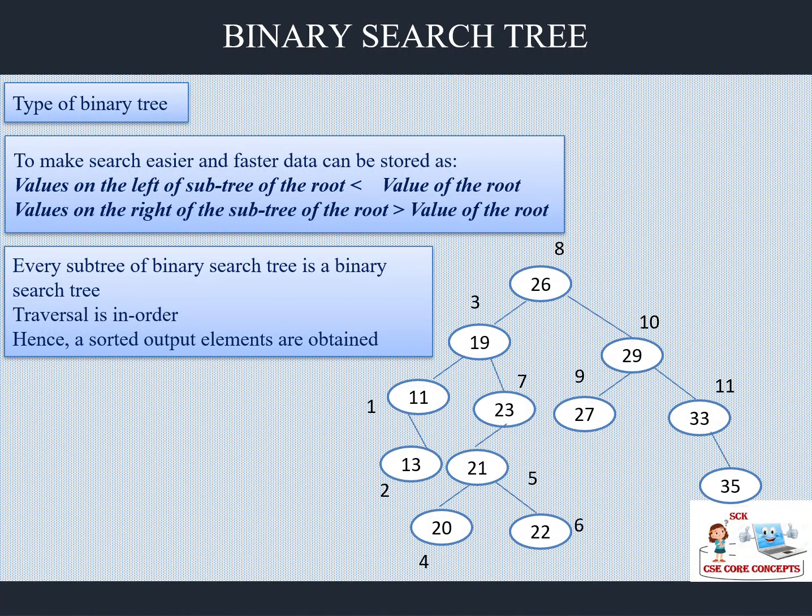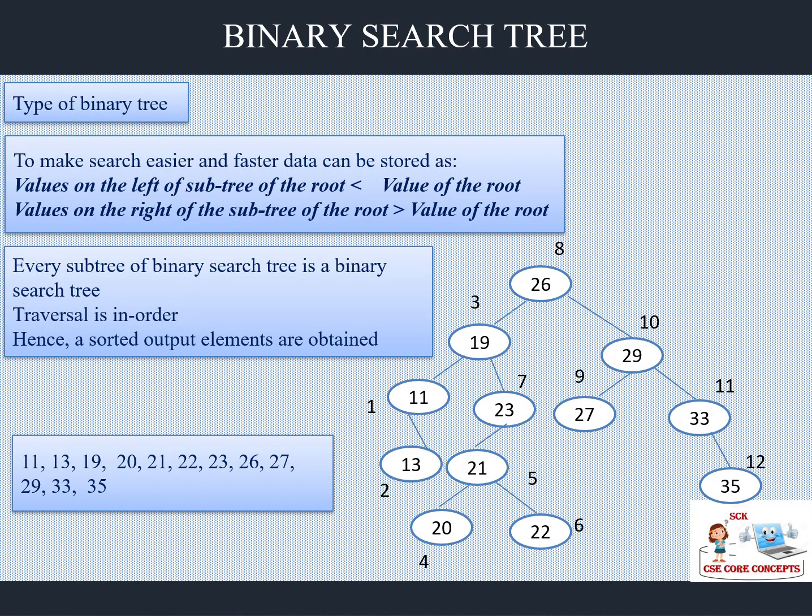Right of 33 does not have any left branch, so skip it. Go to the root, that is 33, and then go to the rightmost value of 33, that is 35. So if you see the elements, that is 11, 13, 19, 20, 21, 22, 23, 26, 27, 29, 33 and 35, they are stored in a sorted order.